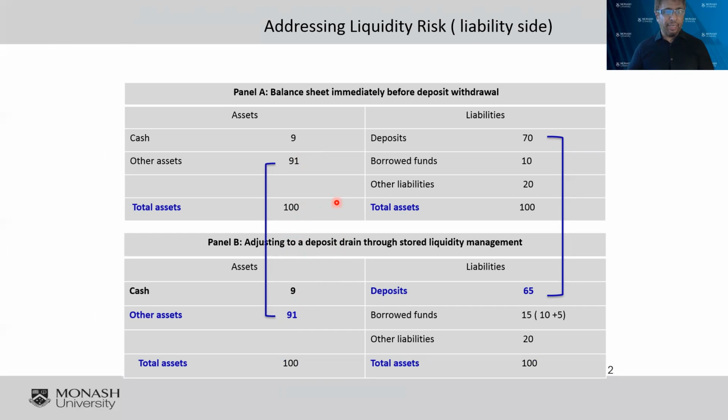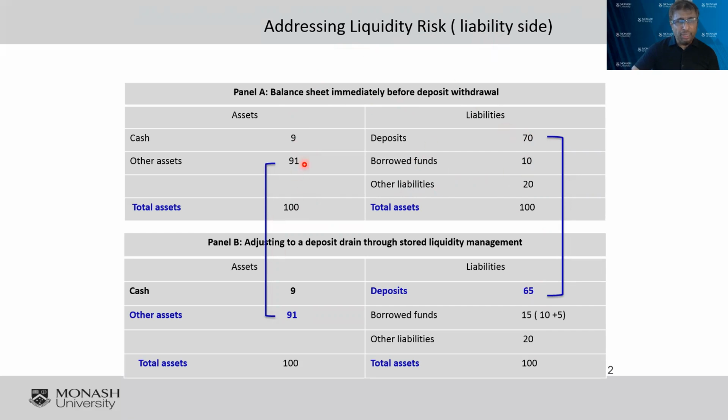Now, this is the next case. We have addressing liquidity risk from the liability side, which means now I have this 70, and this 70 actually dropped to 65 because of withdrawals.